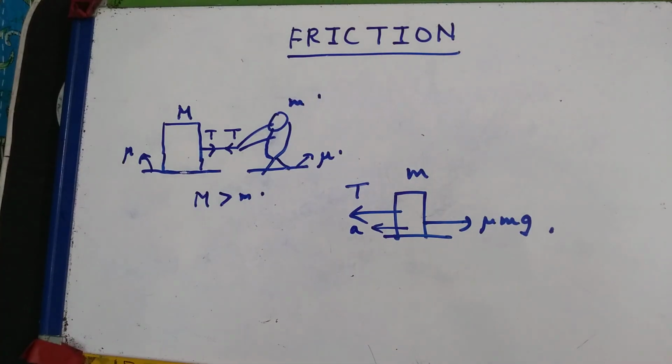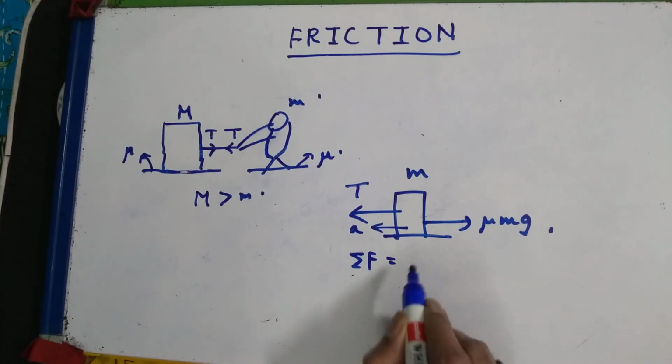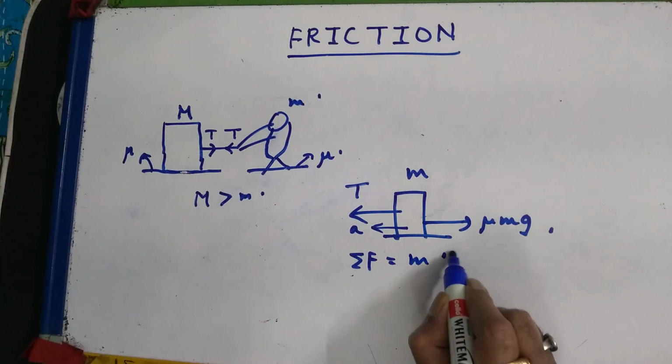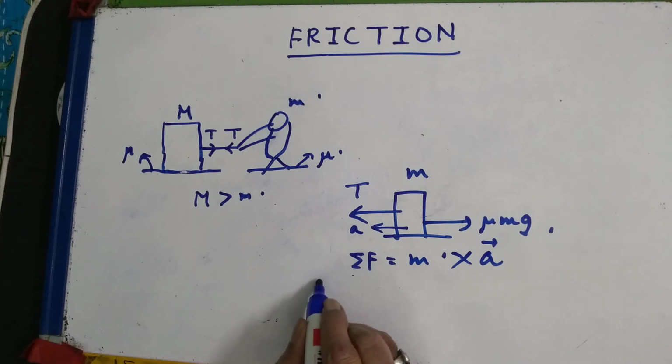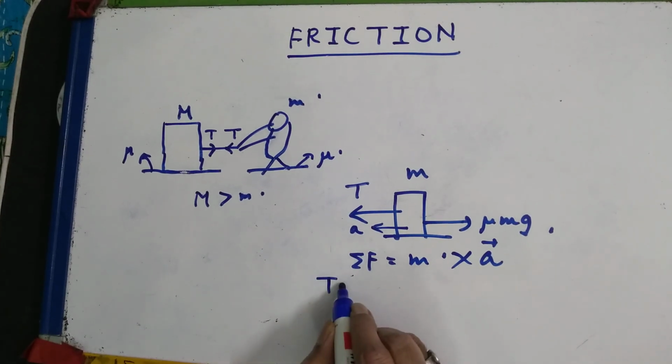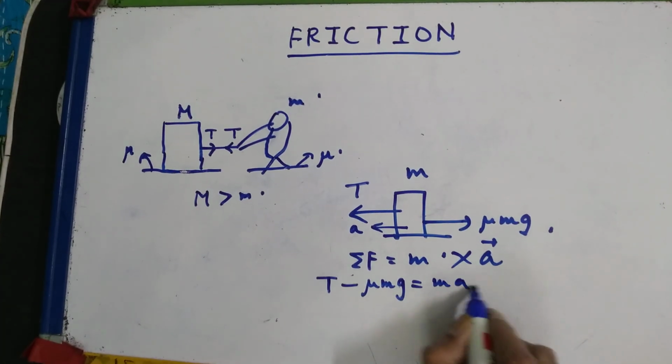We know from Newton's second law that the vector sum of the forces on a body is equal to the mass of that body times the acceleration of that body. So what is the vector sum of forces? T minus mu mg is equal to mass into acceleration.